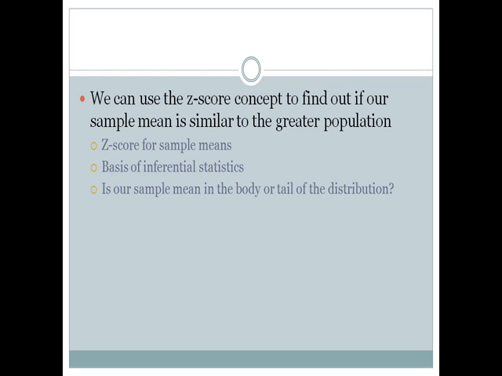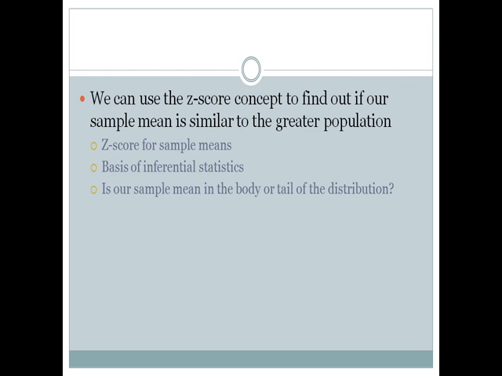We could call this the z-score for sample means. It is the basis of the t-test, which is where we're starting our talk of inferential statistics. So we can answer this question: is our particular sample mean in the body or tail of a distribution for a distribution of sampled means? This is a really powerful tool that we're about to learn.